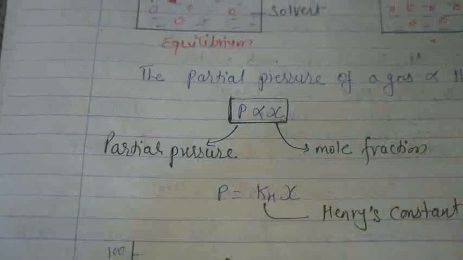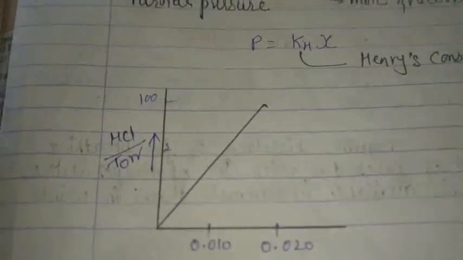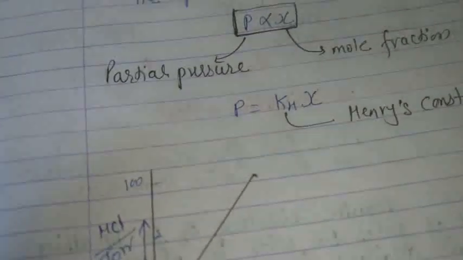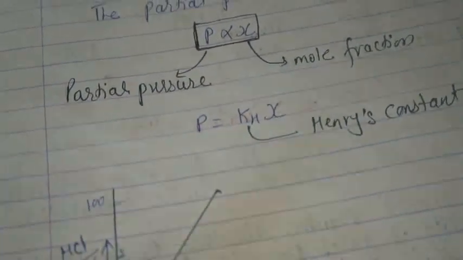Henry explained this by taking an example of HCl. Here he drew a graph between the partial pressure of HCl, which is taken in torr, and its mole fraction.